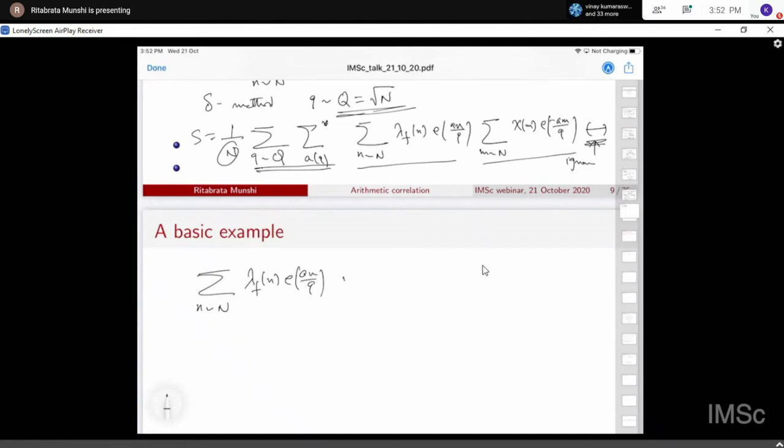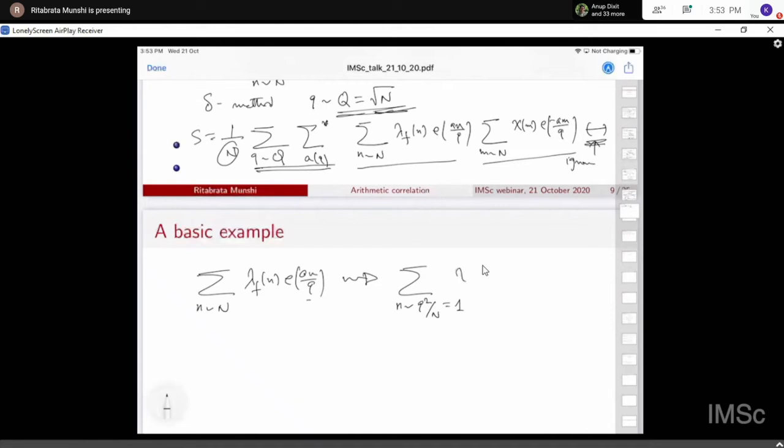The Voronoi is going to transform it to something like this. The dual length is going to be, since f for me is fixed, like the delta, the square of the modulus over N, so q squared by N. But I pick q to be root N, so it's going to be just 1. So the dual length is just going to be 1 here.